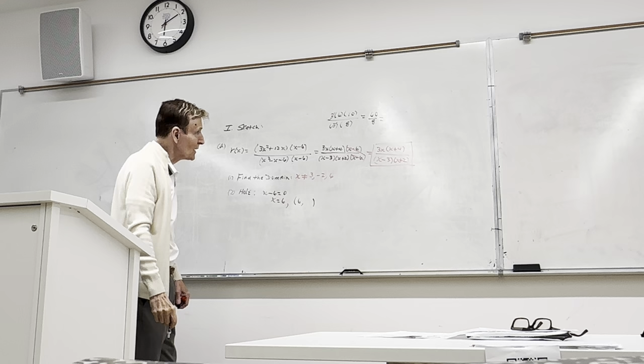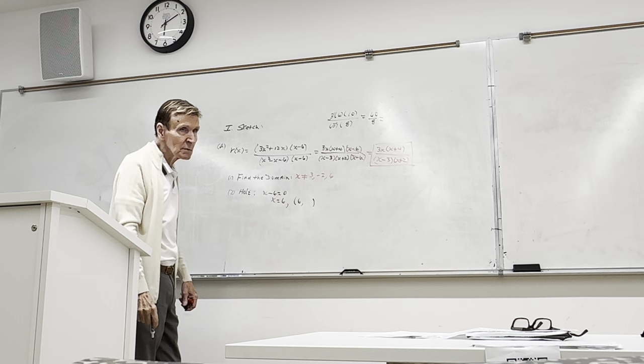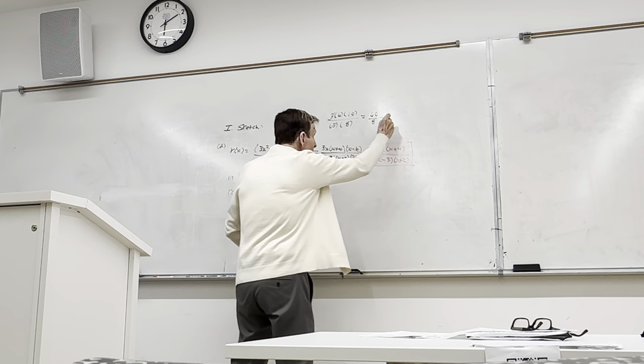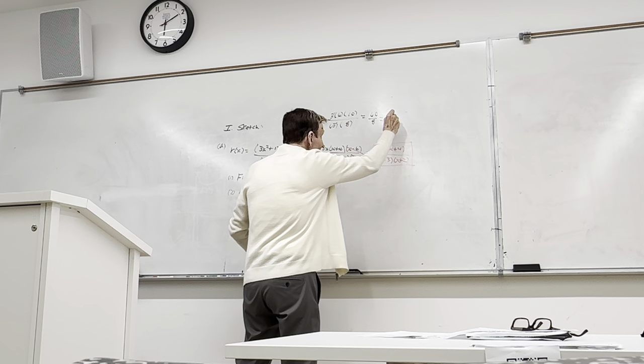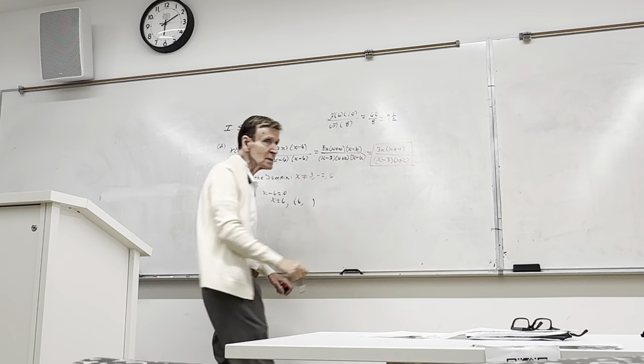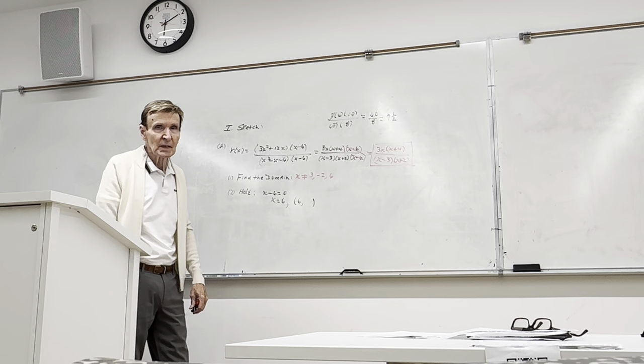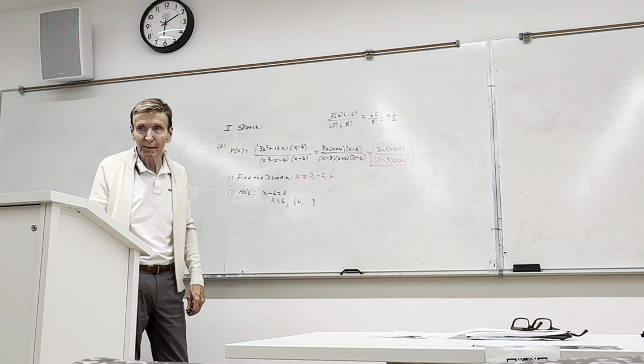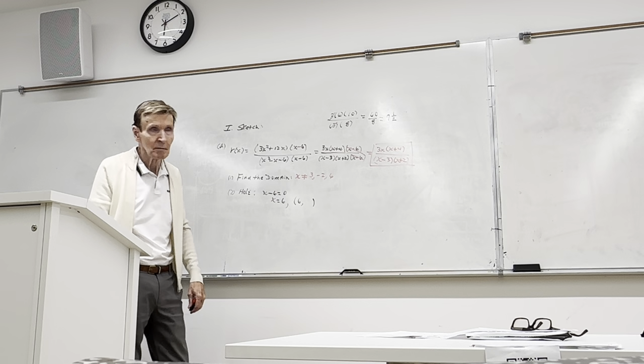And guys, 60 over 8, someone help me out. Divide 8 into 60, what is that? 7 and 1/2? 60 divided by 8, is that 7 and 1/2? Yes? 15 over 2.